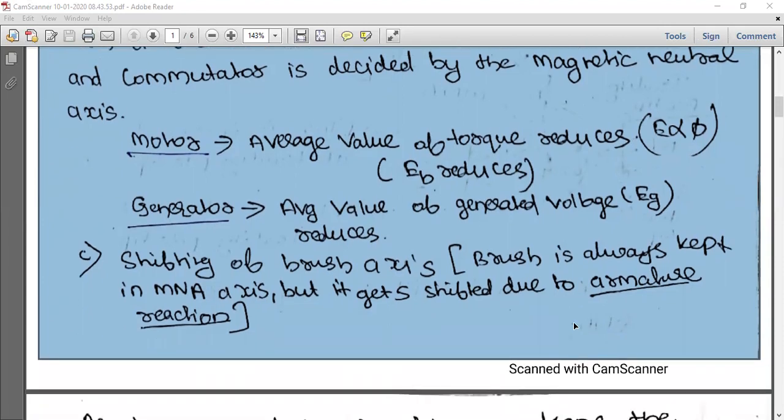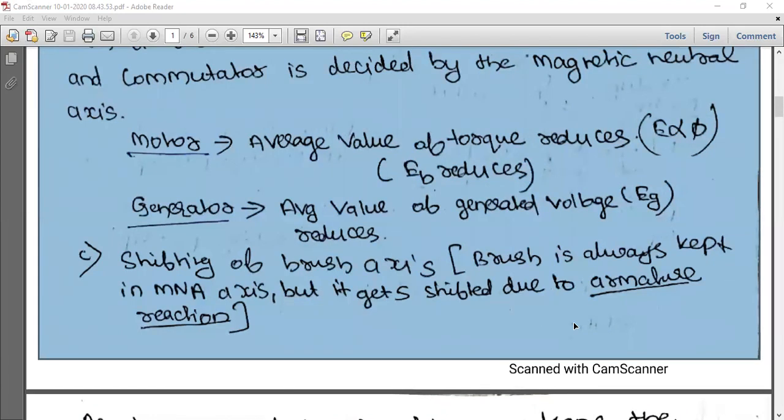The first effects are cross magnetizing and demagnetizing. The third one is the shifting of the brush axis, that is, the magnetic neutral axis gets shifted. The favorable condition is that the magnetic neutral axis should coincide with the geometric neutral axis. In that condition, there is no armature reaction, or no cross magnetizing effect.